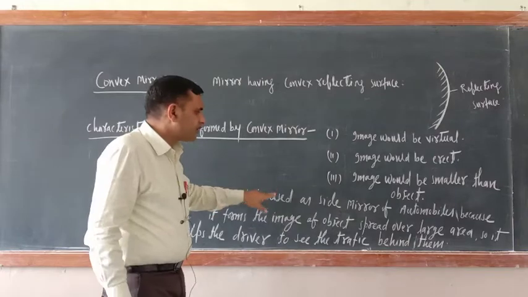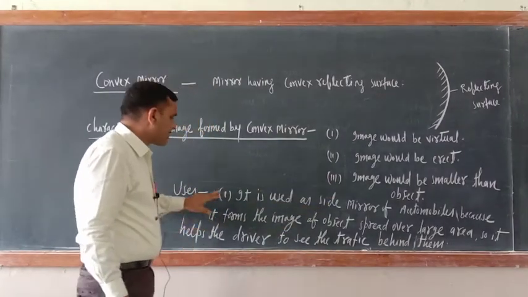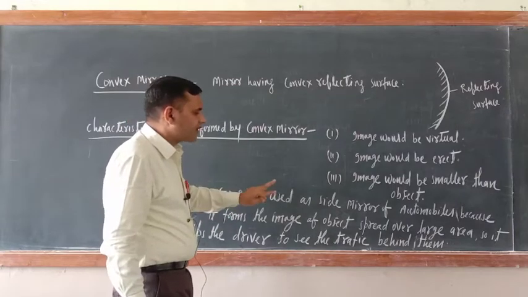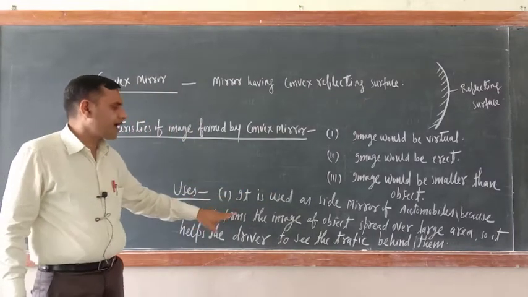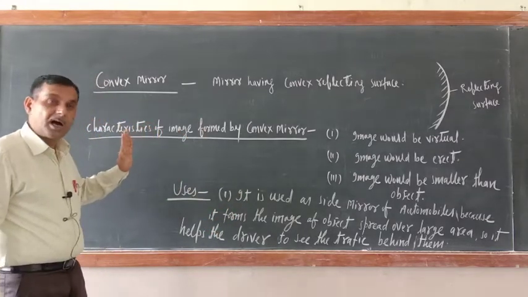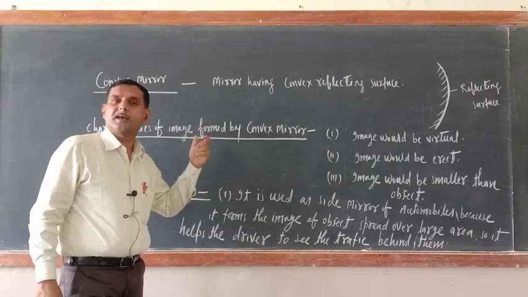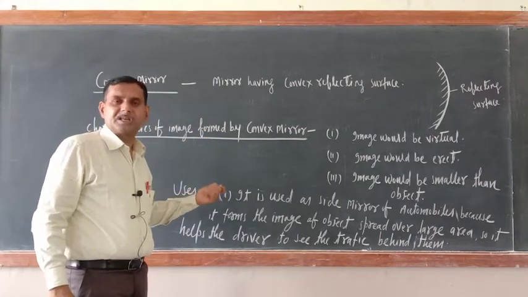That is why it is used as a side mirror of automobiles, because it forms the image of objects spread over a large area, so it helps the driver to see the traffic behind them. So unlike the concave mirror, it has one specialized application.